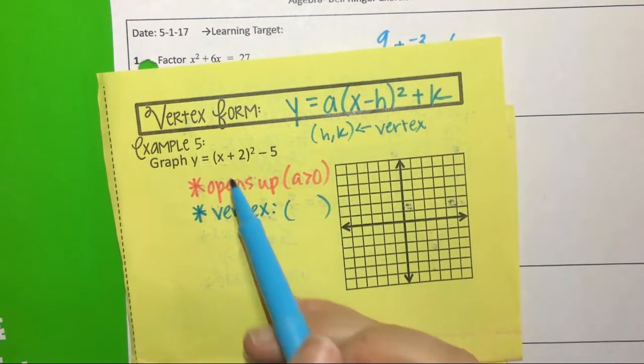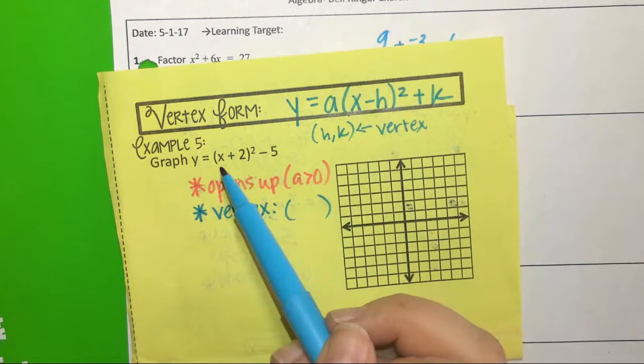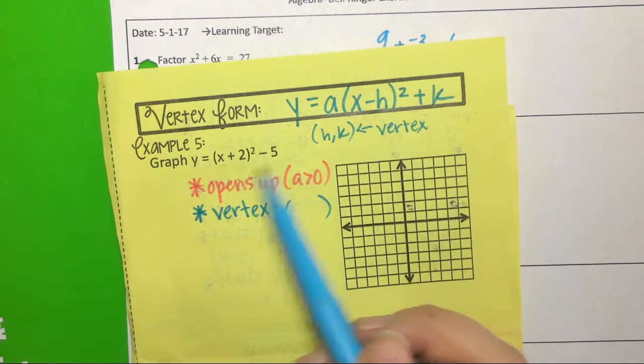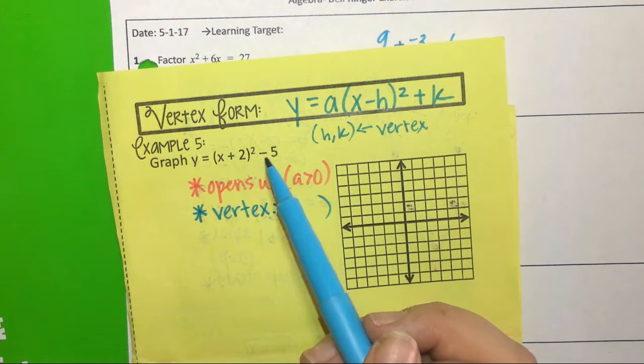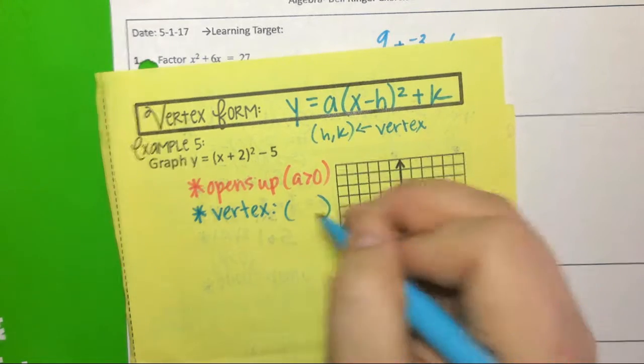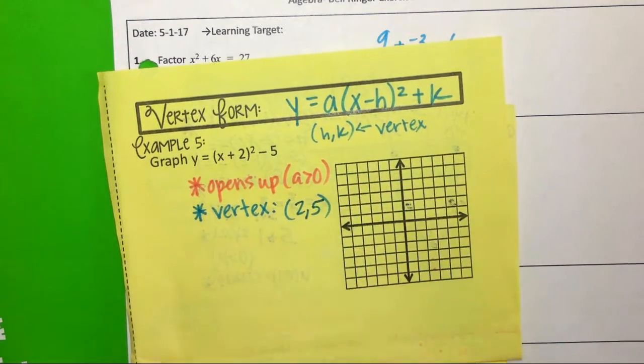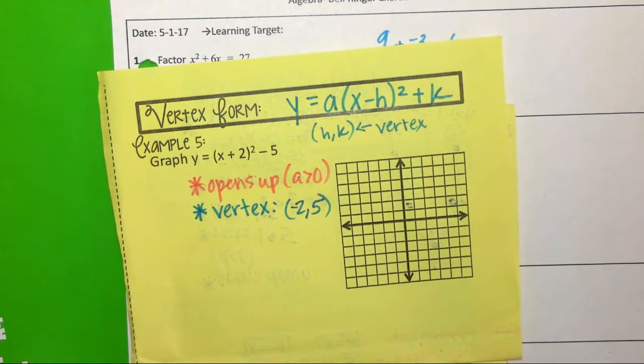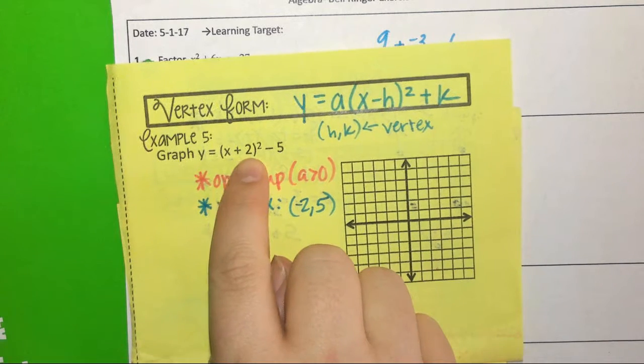In this form, we can spot that. We know the numbers are 2 and 5. Now we're just debating the signs. Is it negative 2, positive 2, negative 5, positive 5? I need to know that. It's negative 2 because it's x minus h squared.